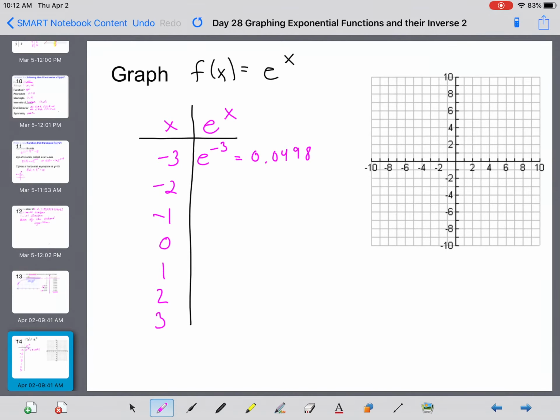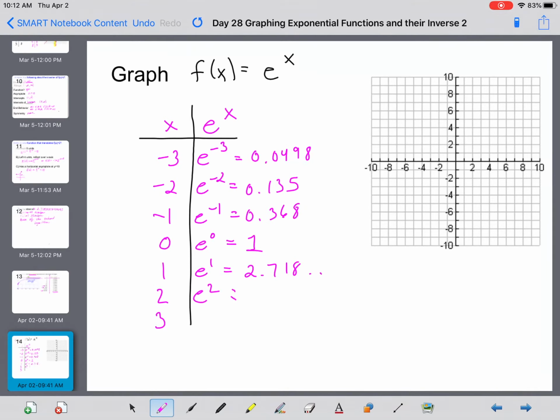And I'm going to do e to the negative 2. E to the negative 1. I'm just kind of approximating. E to the 0 is going to be 1. E to the 1 is going to be that 2.71828.